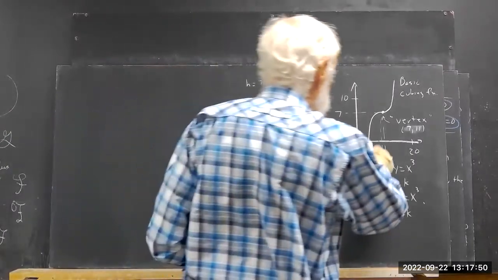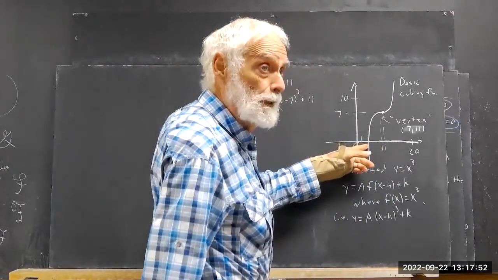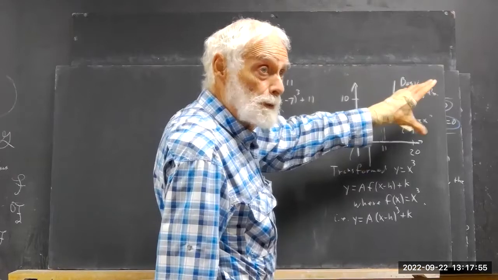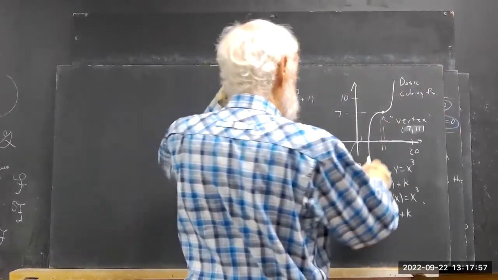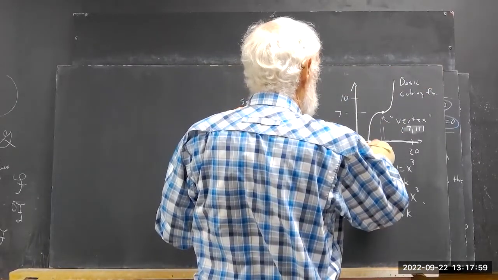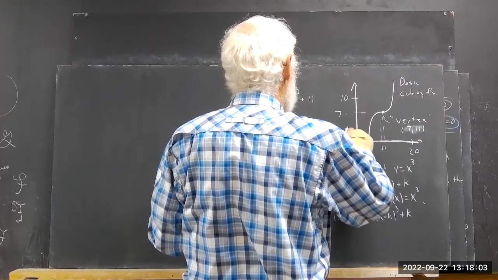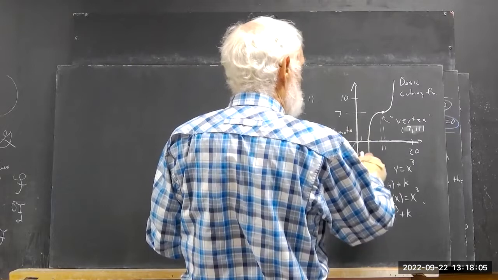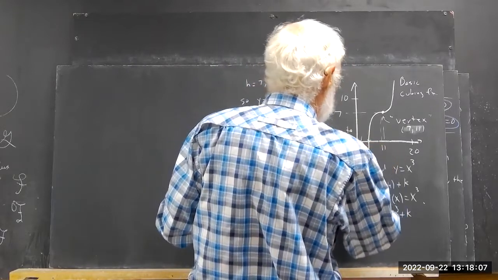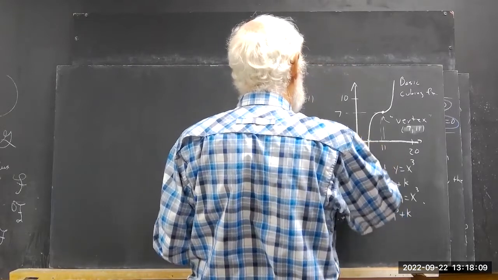Good point to estimate, but estimate it to be an intercept if you got one. Didn't have one with that parabola, just happened not to have an intercept with parabola, but we could estimate this point. And if that's 11, I'm going to say that's 5, 0.